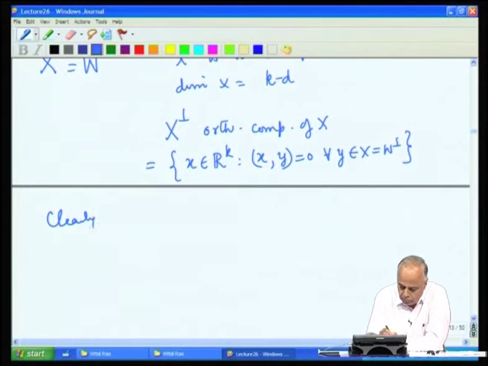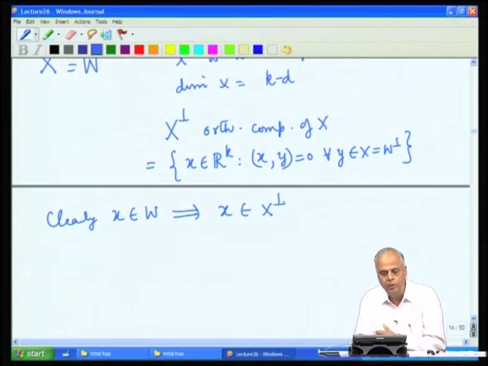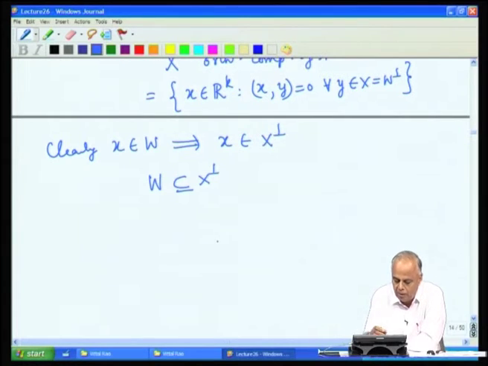Clearly, x belongs to W implies x belongs to X perp, because every vector in W is orthogonal to every vector in W perp, and therefore, we have W is contained in or equal to X perp.